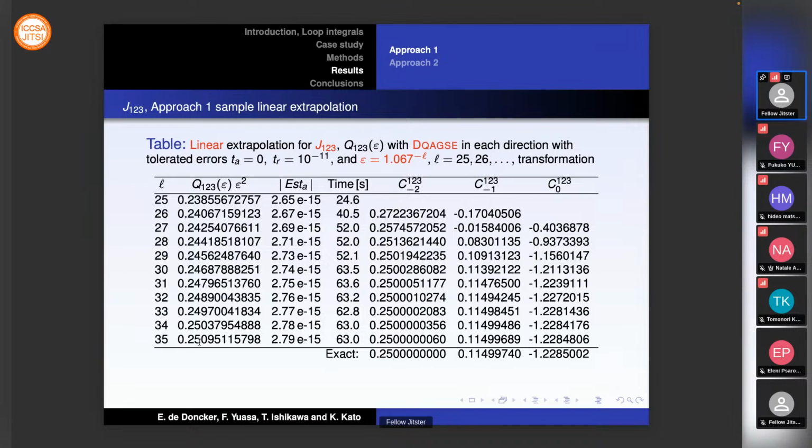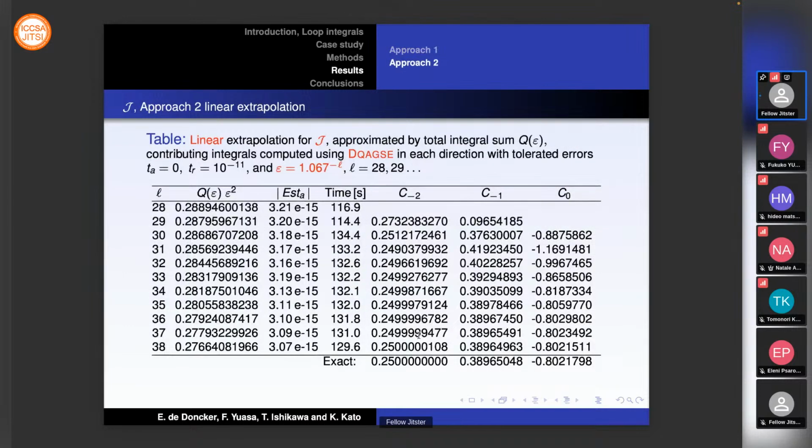That does converge, that does go to 0.25, but very slowly. So with the extrapolation, we get approximations for C minus 2, minus 1, and 0. And so we get about 5 to 6 digits for C minus 1 and C0, and more for C minus 2.